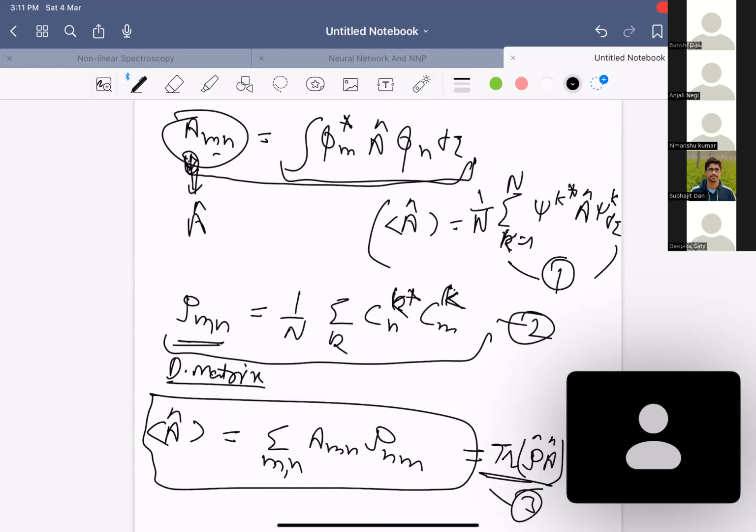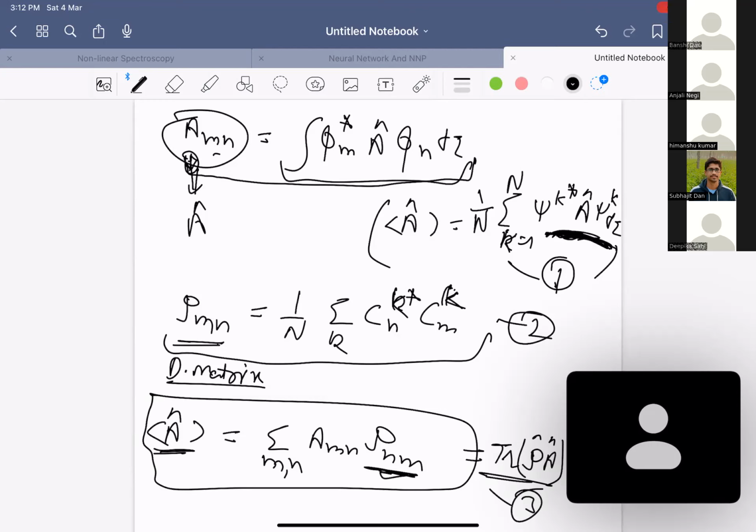Now focus on equation 3. We can see the expectation value of A is not a single average, it's a double average. Why? One average comes from equation 1, on the operator side. This first part will always remain there when we find the expectation value of any operator.